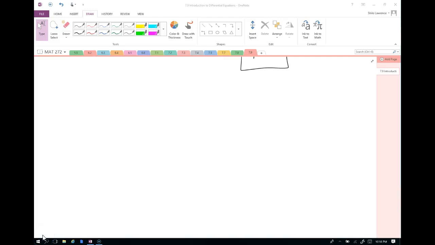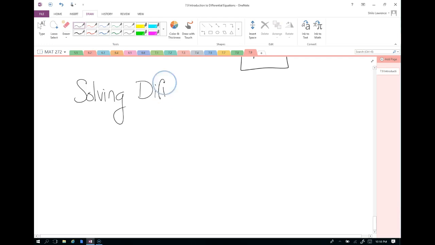So the one type of differential equation that we are going to learn to solve is called a separable equation. And separable equations always have a specific format.